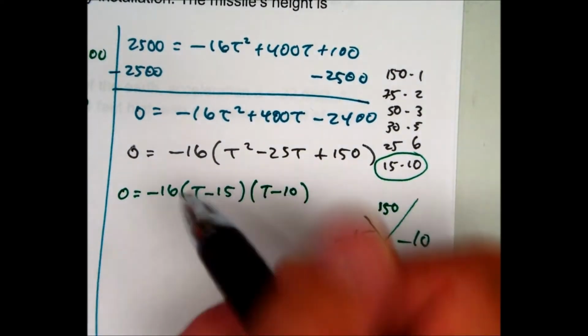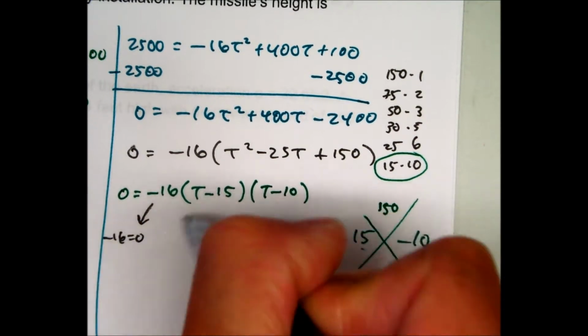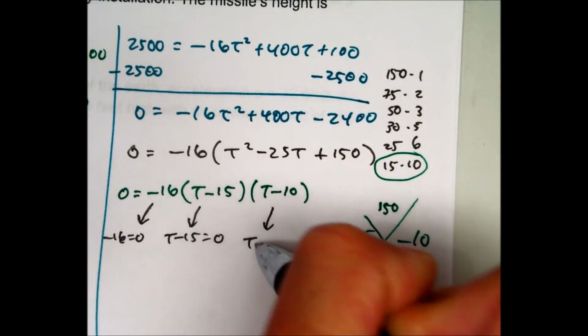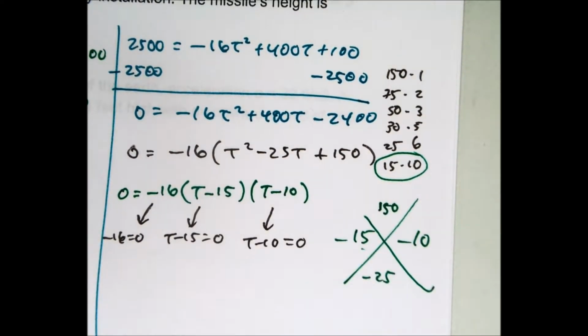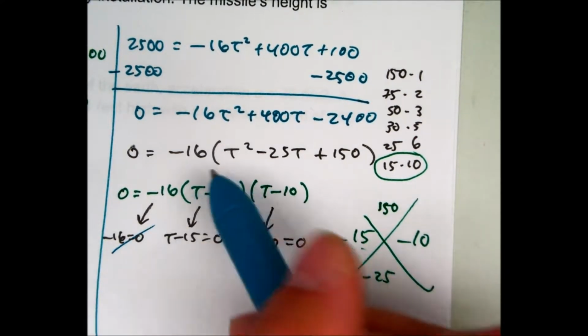and then here I can just use the zero product rule. Negative 16 equals 0, t minus 15 equals 0, t minus 10 equals 0. Class, does negative 16 equal 0? That's no solution.